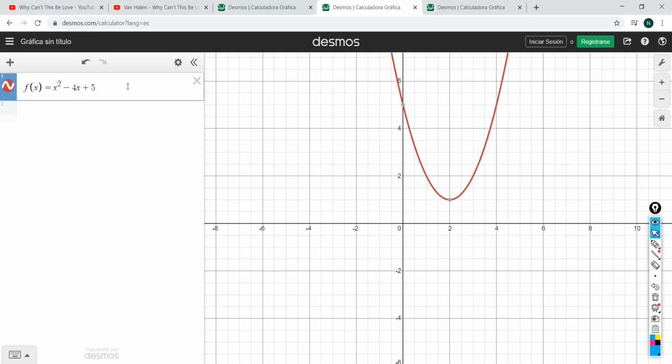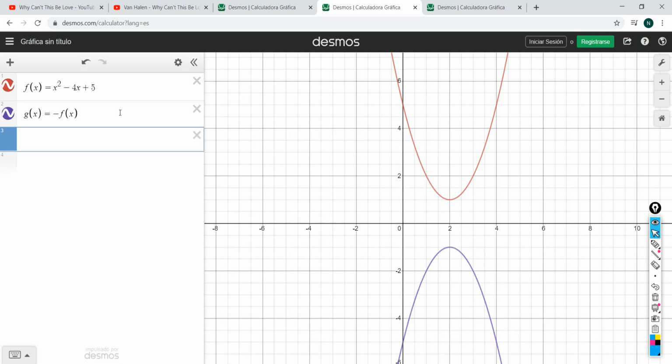Now I'm going to produce a function g, and I want g to be the reflection about the x-axis of f. So what do I need to do? All I need to do is this: the negative of f of x. And as you can see, this is what we produce: a reflection about the x-axis of my original function.